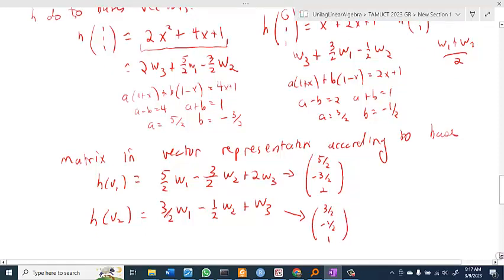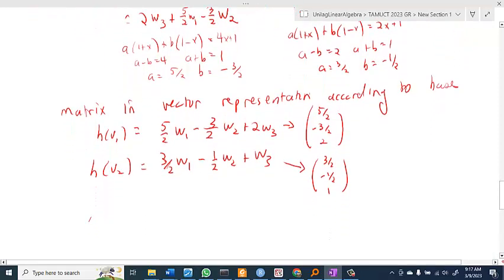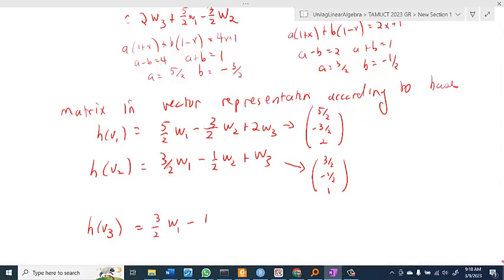Okay, and then the last one would be h of v3, and that's equal to, what was it? It looked like it was 3 halves w1 minus 1 half w2. Is that right?